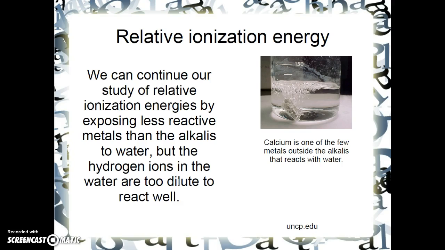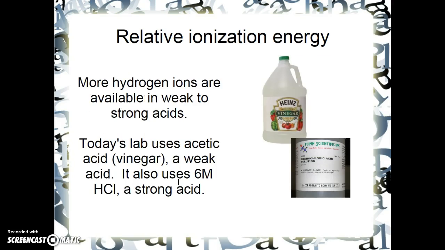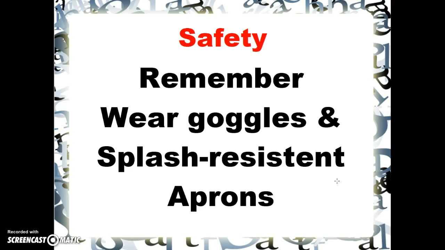So you can do an experiment now, and the experiment then uses acids that are a little stronger than water. More hydrogen ions are available in vinegar, for instance. This is a weak acid, and in hydrochloric acid, which is a strong acid. And we would encourage you to do this experiment with metals such as magnesium, calcium, tin, zinc, and aluminum.